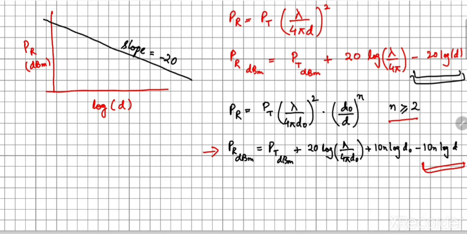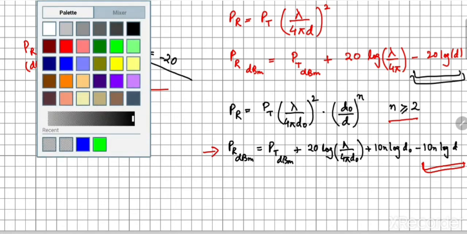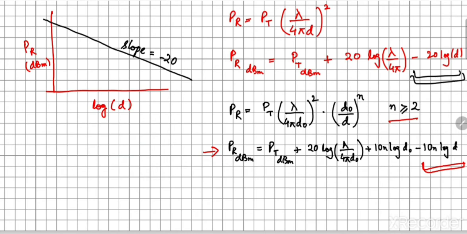At the value of n equal to 2, it will again be minus 20, but at the value of n equal to, for instance, 3, it will be a slope of minus 30, and so on. So the received power will decrease with increasing distance, no longer with the slope of minus 20, but with a slope of minus 30.